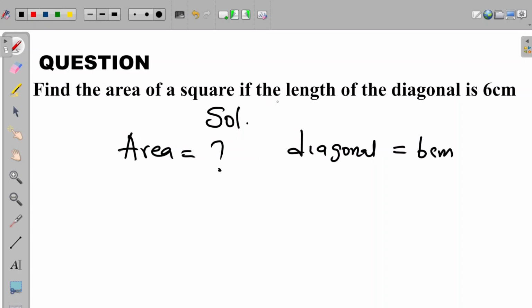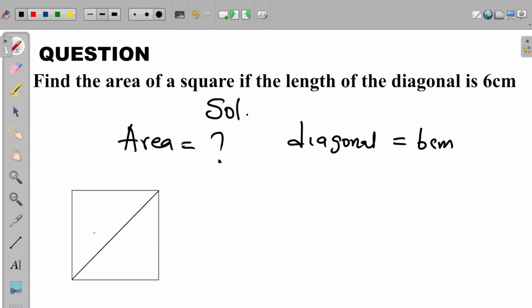So this question can be represented in a diagram. So we are saying that the diagonal is 6 cm and the length we don't know, we have not obtained. So we have naming the sides A, B, C, and D.